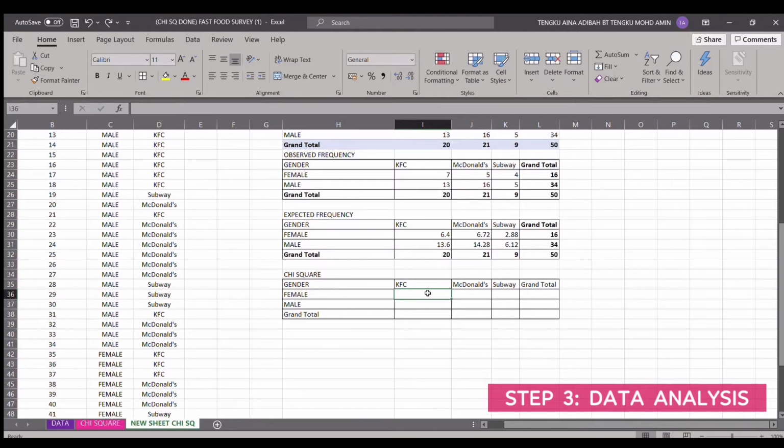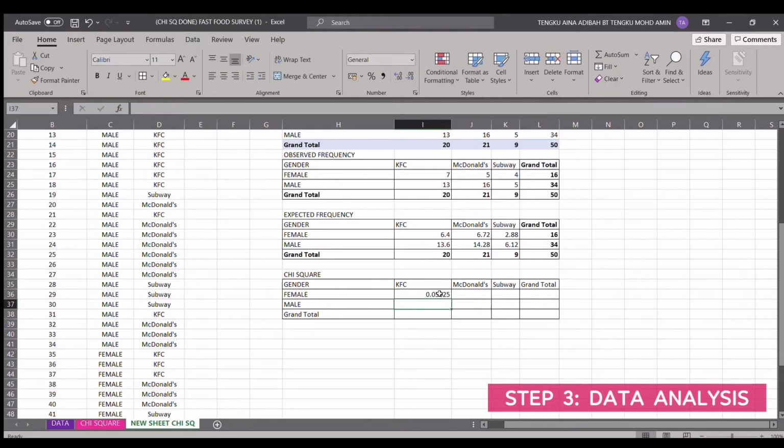The formula that I use is observed frequency minus expected frequency, and then close bracket, square, divided by expected frequency.